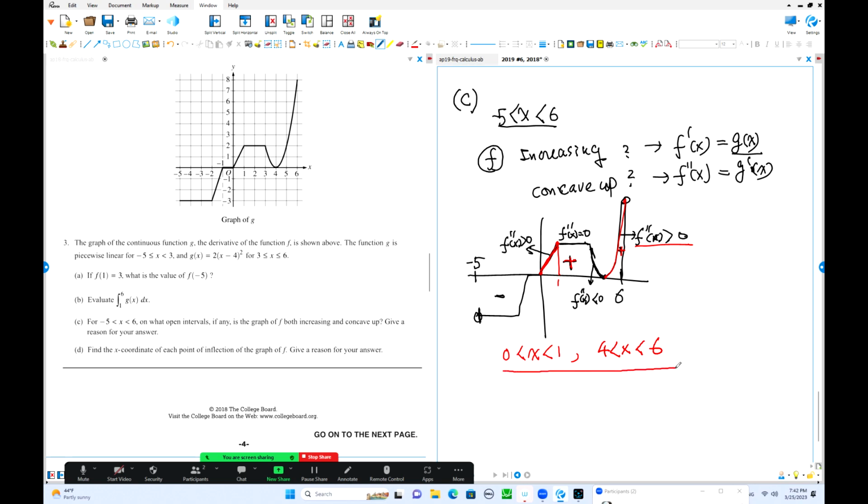On these two intervals, the graph of f of x is increasing and concave up, both together, on this interval.